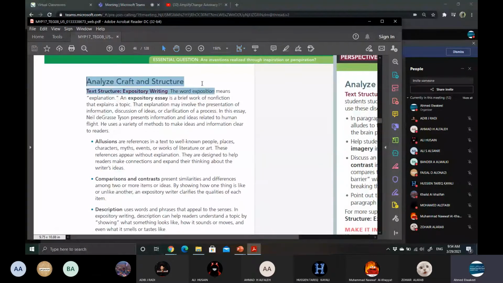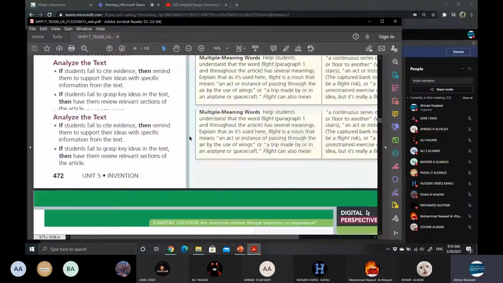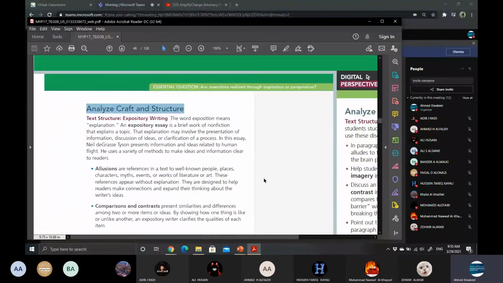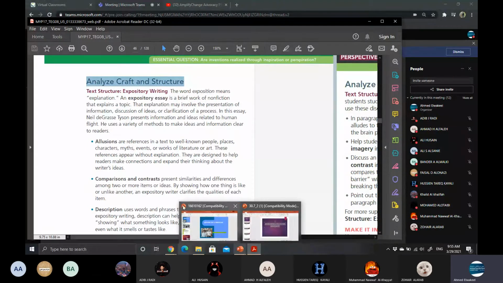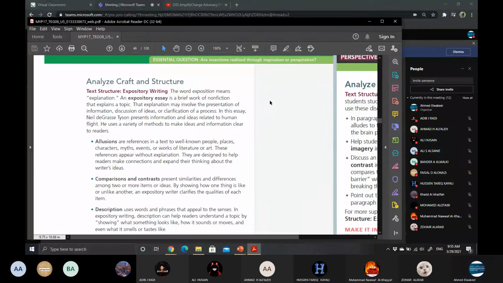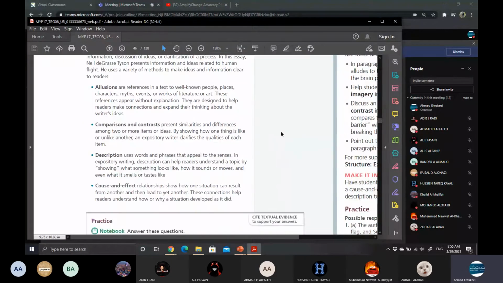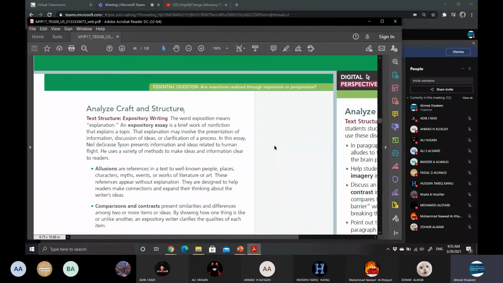Analyzing craft and structure. We have already studied the reading comprehension To Fly, and we have mentioned that it speaks about the history of aviation and how man started to master aviation one by one, after having included symbols of aviation like the American bald eagle, winged horses like Pegasus, Cupid the god of love, or stories like Peter Pan and Tinkerbell.